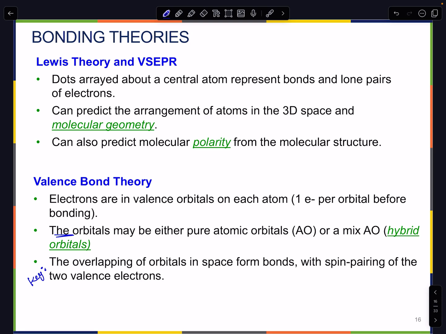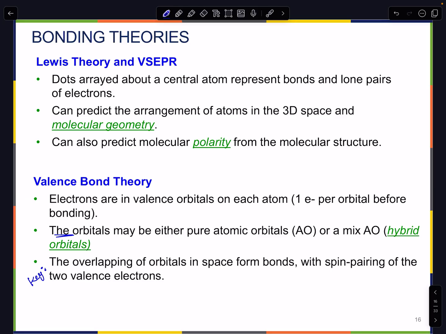The key part in this is that the overlapping of these orbitals, either hybrid or pure atomic orbitals, is what gives origin to the bonds. When you have two of these hybrid or atomic orbitals interacting, this overlapping of the orbitals is what creates the bond.